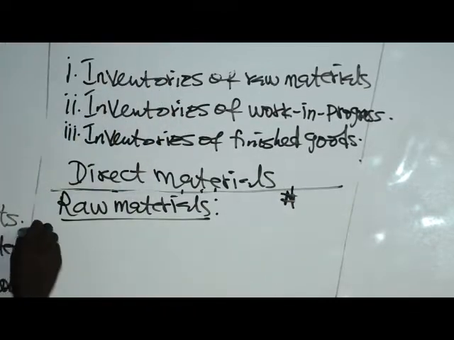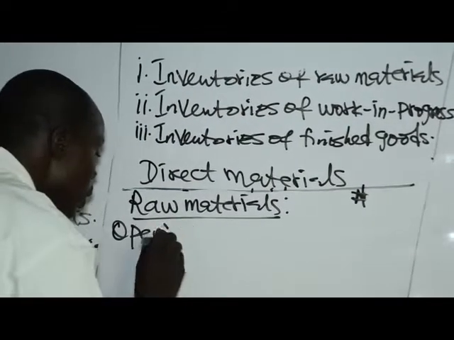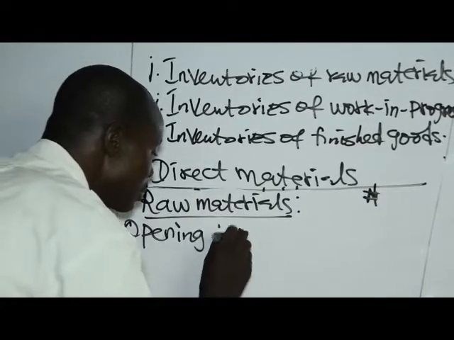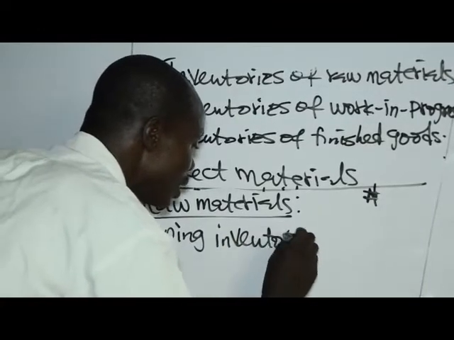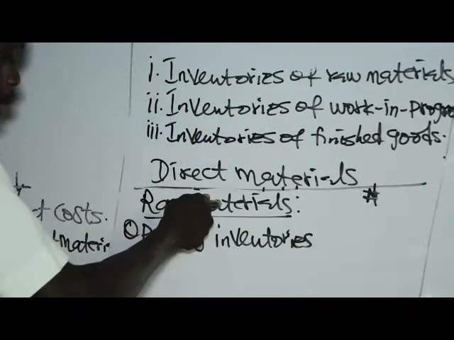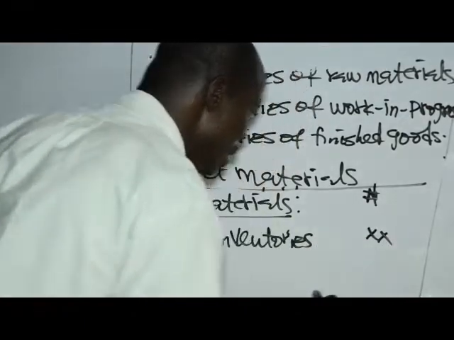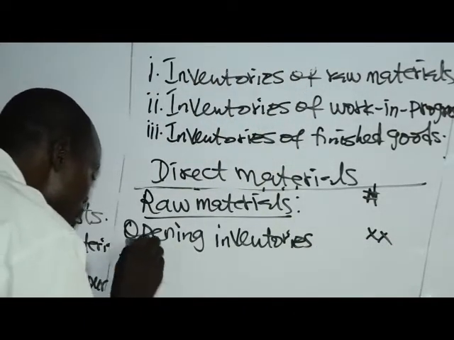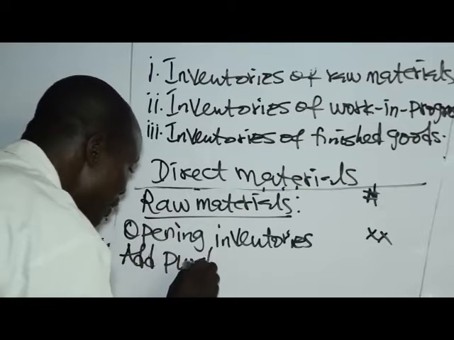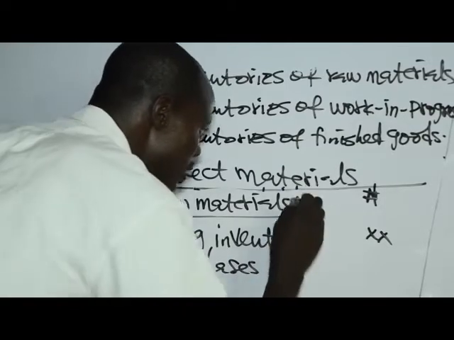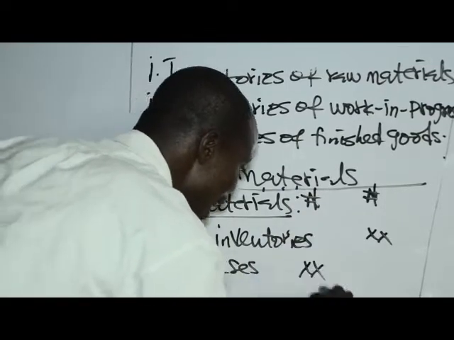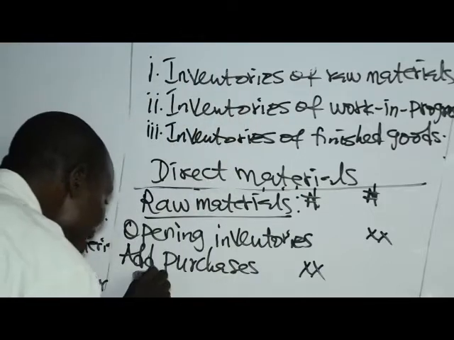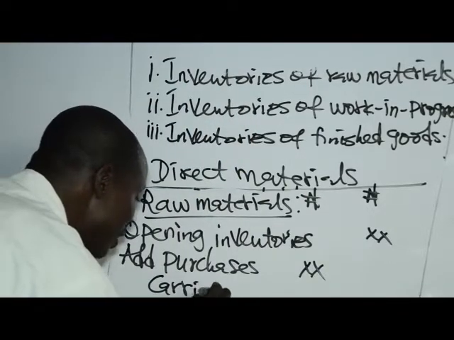So you start with the opening inventory. Opening inventories, that is opening stocks, of raw materials. You add purchases of raw materials, if any. Then you add carriage inwards of raw materials.